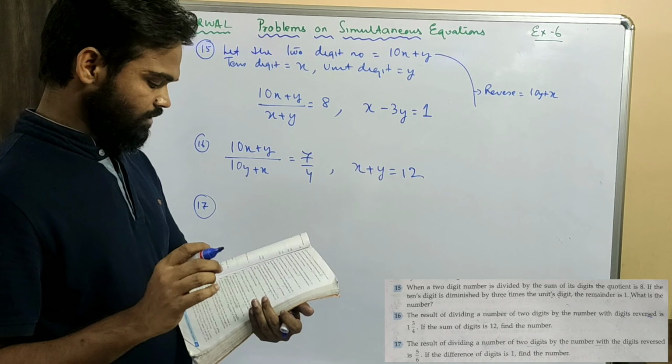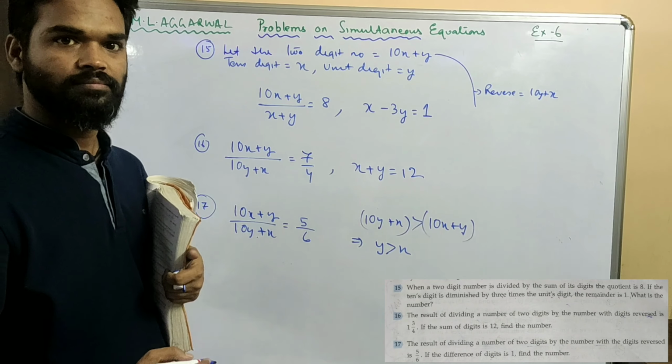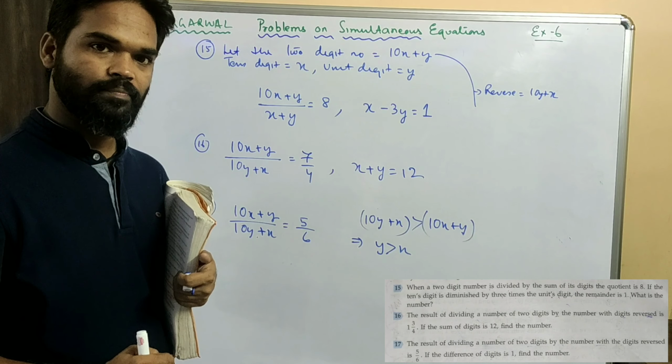Now, when the digits are reversed, you'll get a number that is greater than the original number, which means 10y plus x is greater than 10x plus y, because the ratio is 5:6. So can I write y greater than x? Then only this is possible.